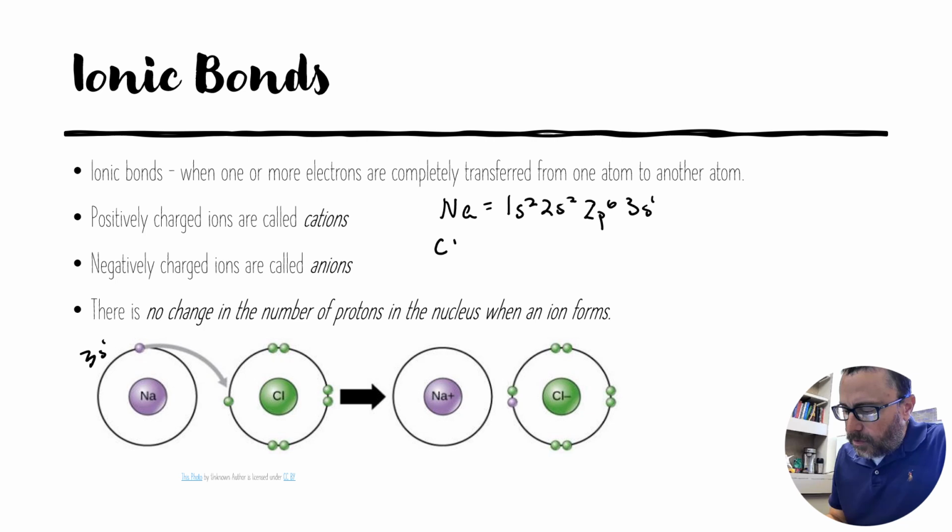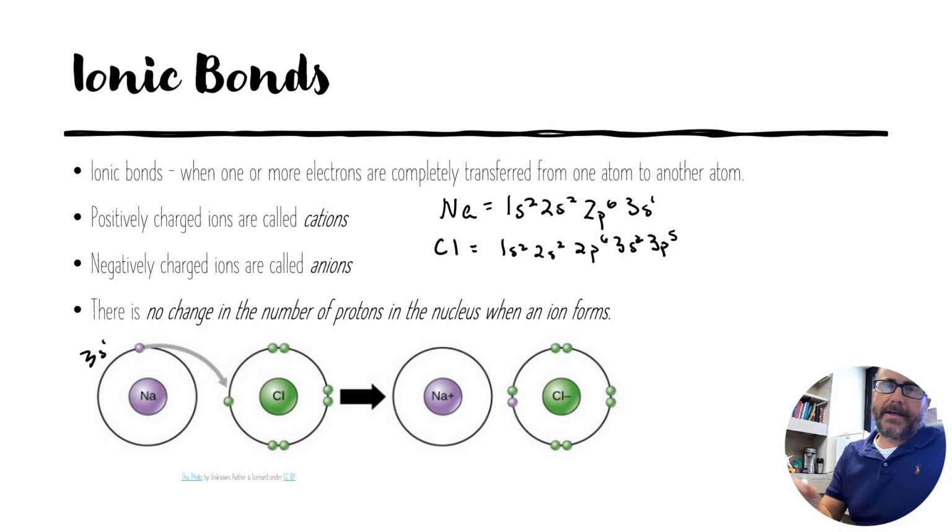Then chlorine has the electron configuration of 1s2, 2s2, 2p6, 3s2, 3p5. What this is really showing is what we call the valence electrons.